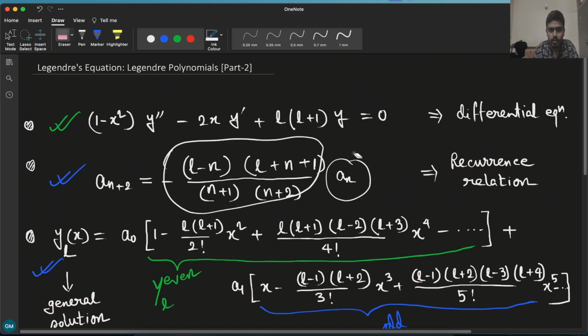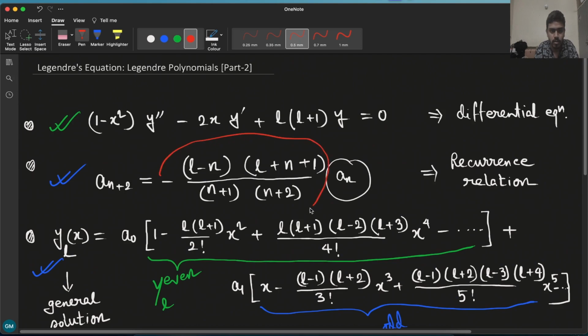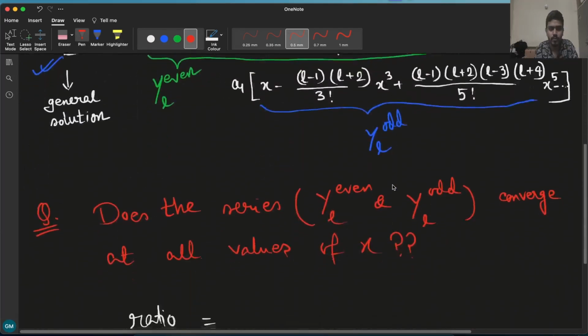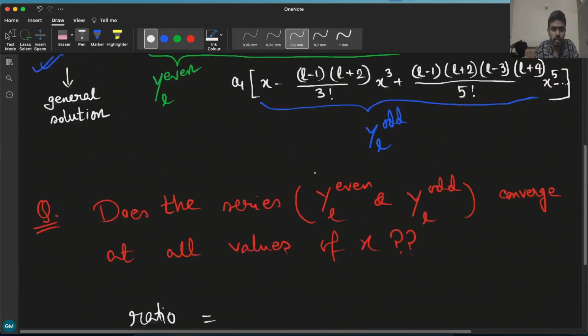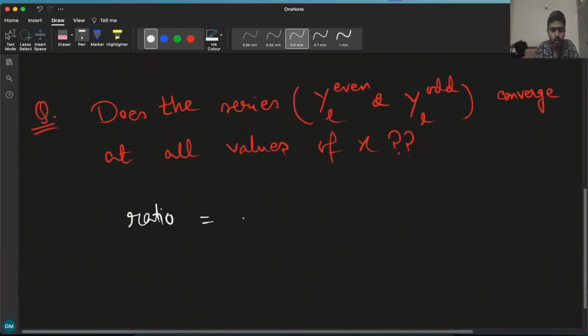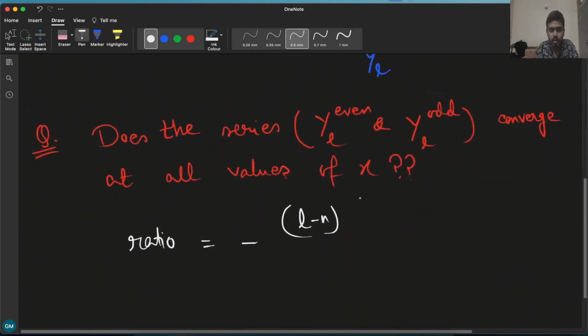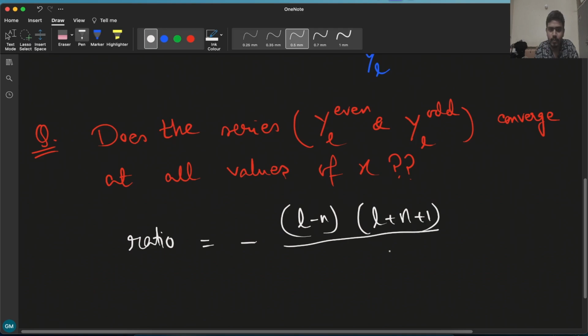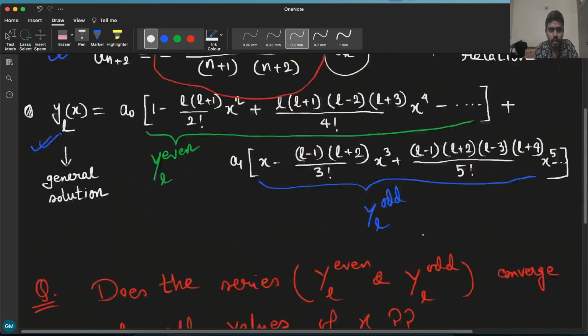So that factor is minus (L minus n) times (L plus n plus 1) divided by (n plus 1) times (n plus 2).